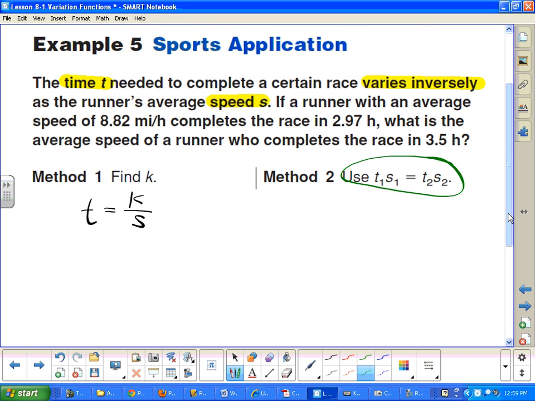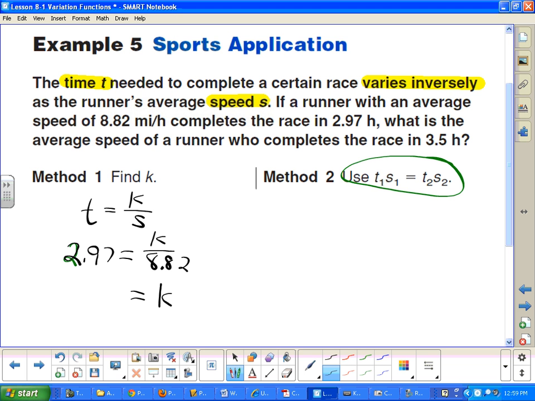So here it says a runner with an average speed of 8.82 miles per hour completes the race in 2.97 hours. So 2.97 is equal to k over 8.82. To find k, we multiply those two numbers together.